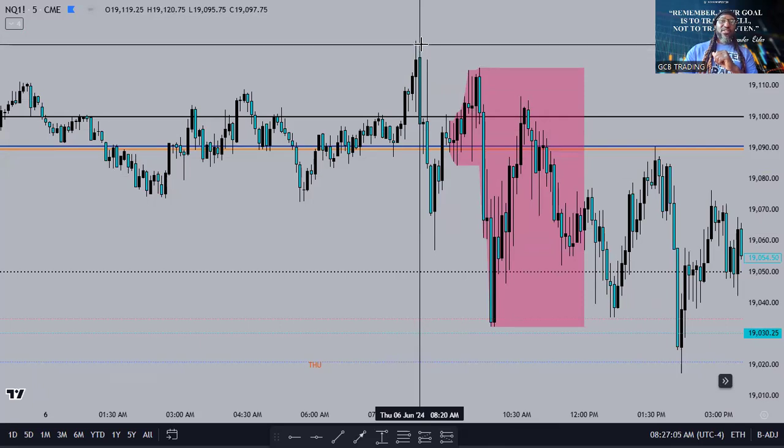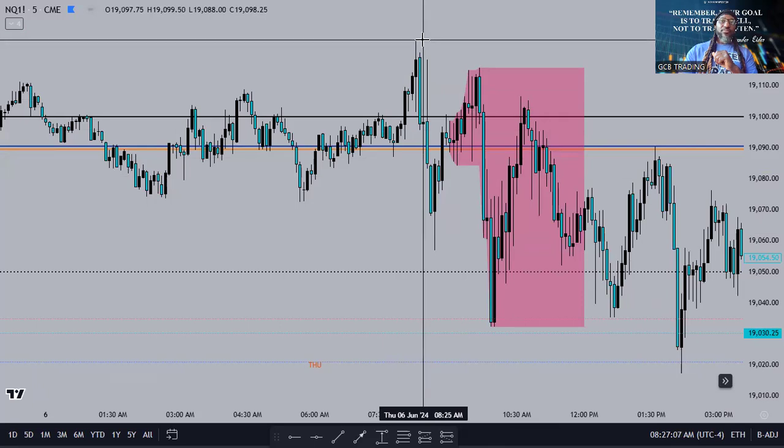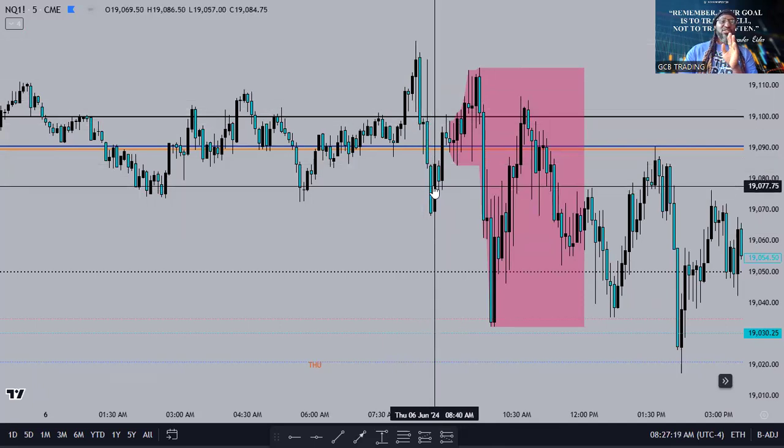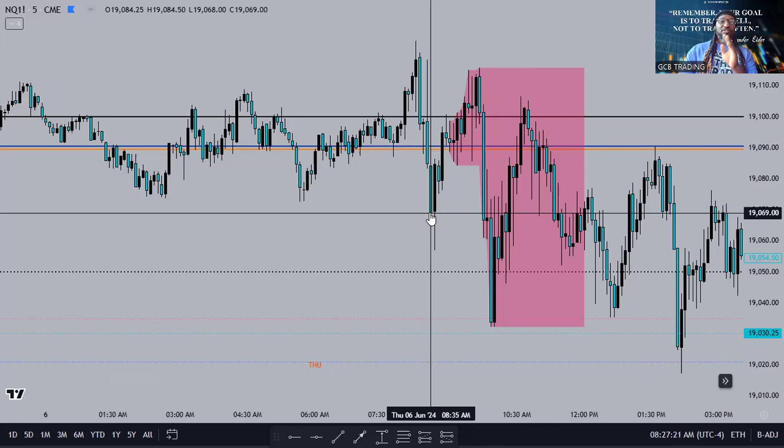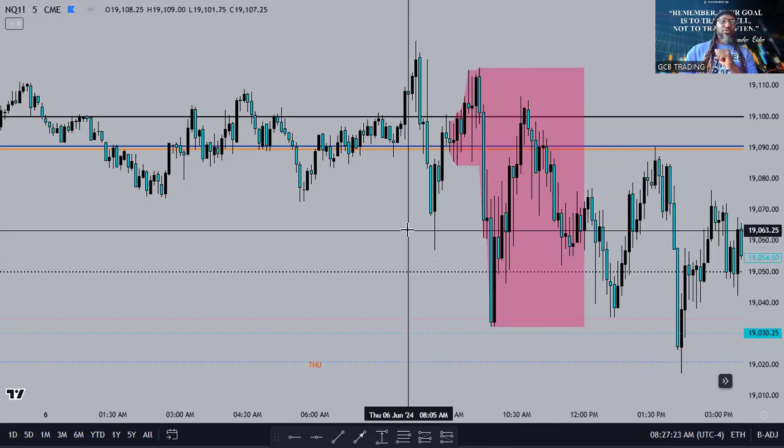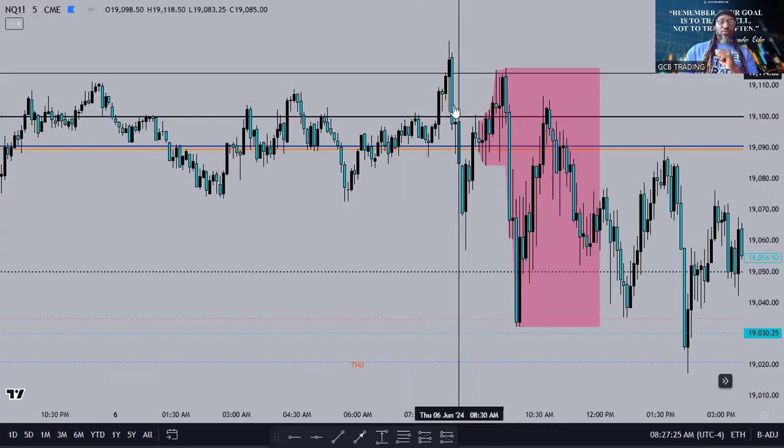Where's that wick at? That wick comes up and taps 19,125. We came 25 points outside of the 100 pip box. Like Stacy says, the stop cut is typically 25 to 50 points outside the 100 pip box. That is what we get.